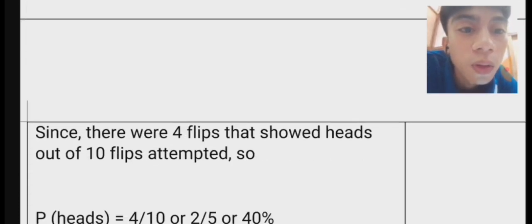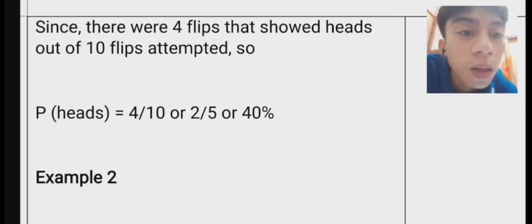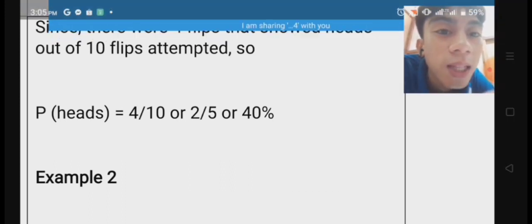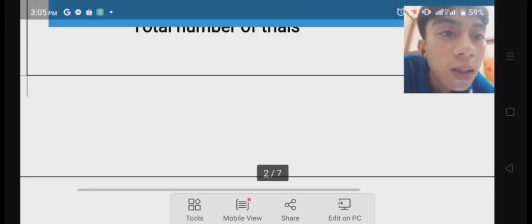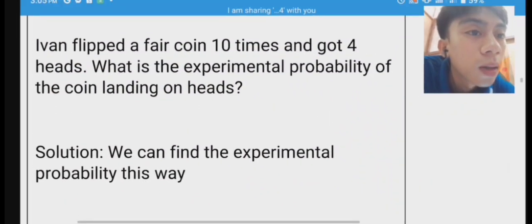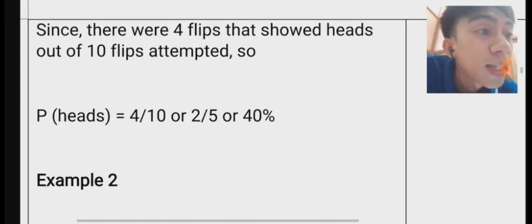Since there were 4 flips that showed heads out of 10 flips attempted, this could be the equation: probability of heads is equal to 4 divided by 10, because Ivan got 4 heads out of 10 flips.